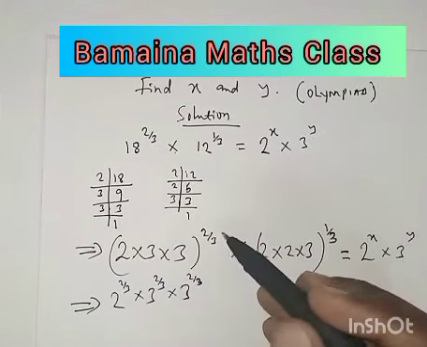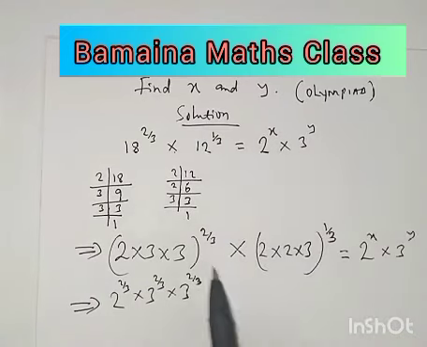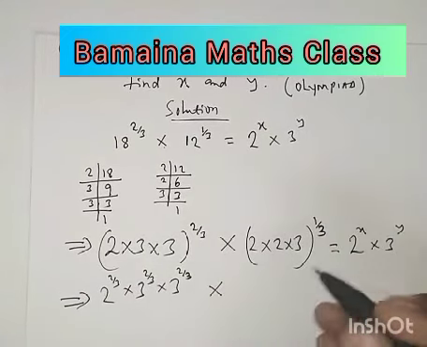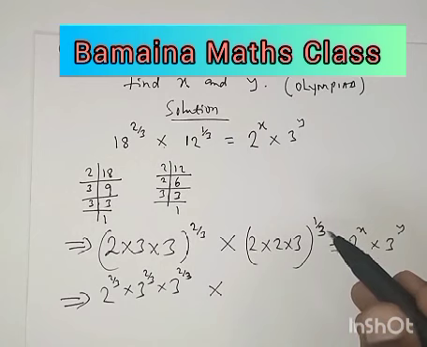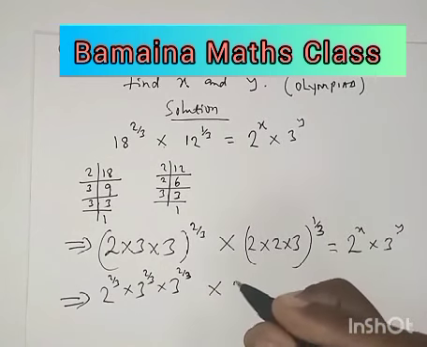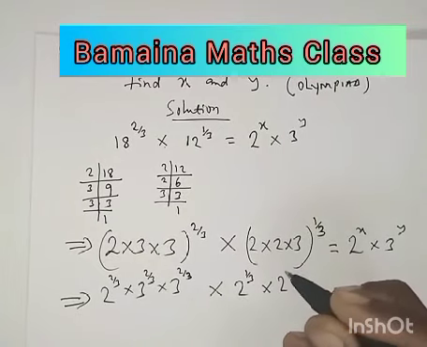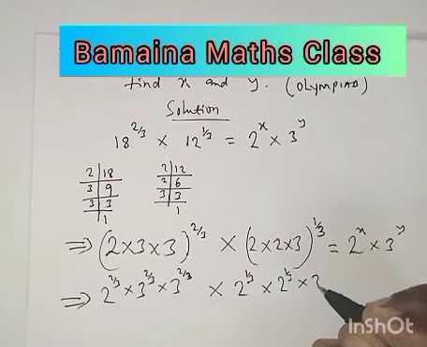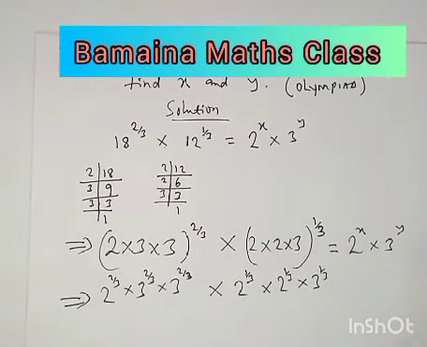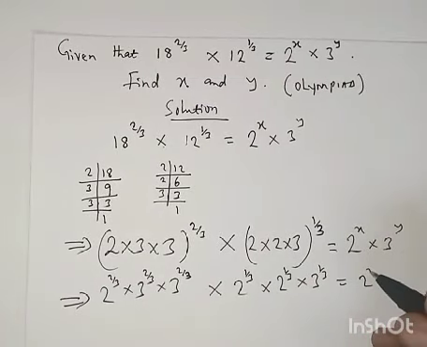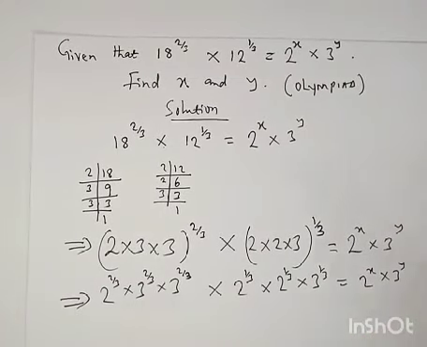You see the power has been distributed to 2, 3, and 3. Then multiply by this one, the same thing here. This 1 over 3 is going to be distributed. So we have 2 power 1 over 3 times 2 power 1 over 3 times 3 power 1 over 3. So this is the same thing as 2 power x times 3 power y.